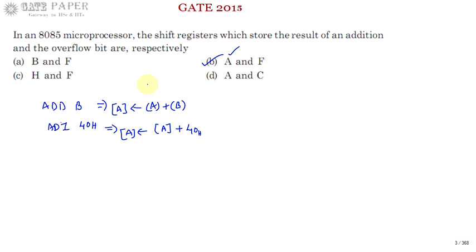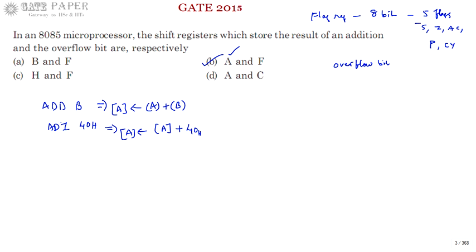Then what is meant by this overflow bit? Generally the 8085 consists of a flag register. That flag register is an 8-bit register, and it has 5 flags. They are the sign flag, zero flag, auxiliary carry flag, parity flag, and the carry flag.